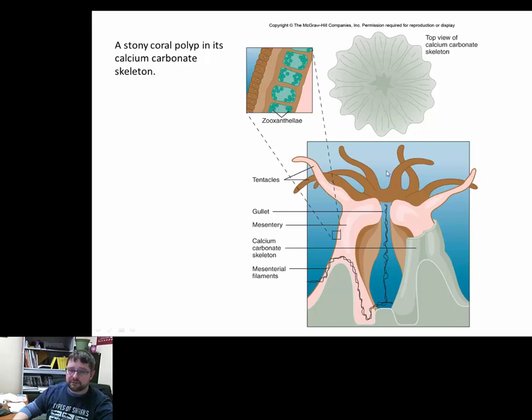They will still feed, right? They will still consume things and pass the nutrients, nitrogen, phosphorus, things like that, to these zooxanthellae, but nonetheless, if conditions are poor, these guys are expelled. The coral itself becomes bleached, so you can't see really any color, it's white, and the polyp itself dies.